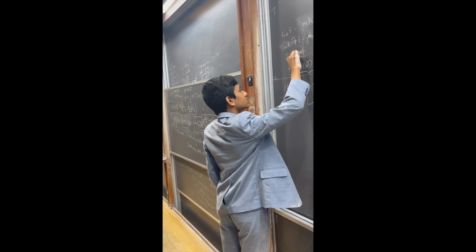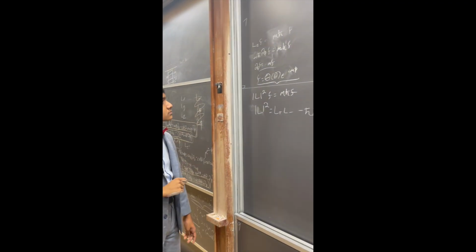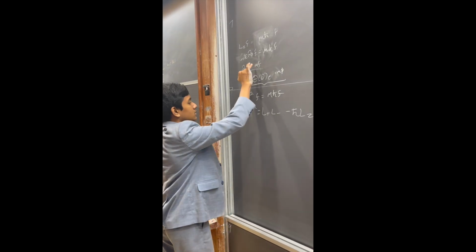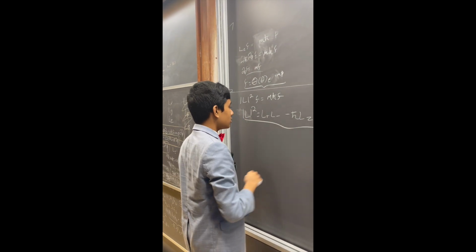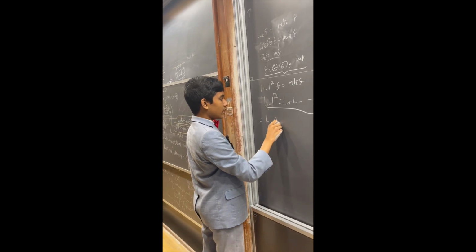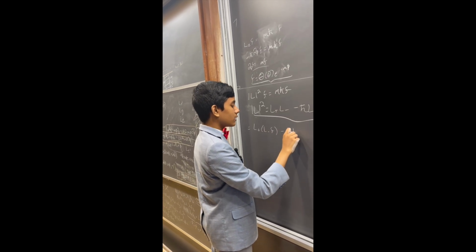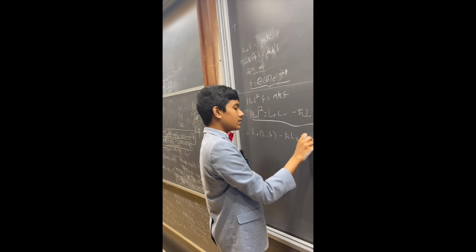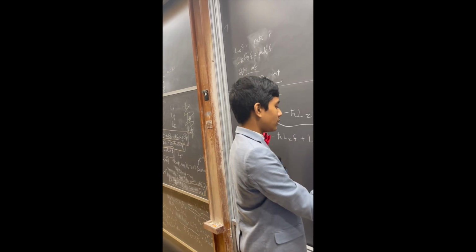Minus i h bar, so this is i m f and this is i m. Sorry. So now what happens here? Well, we get L plus L minus f, minus h bar Lz f, plus Lz squared f is equal to m h bar f.